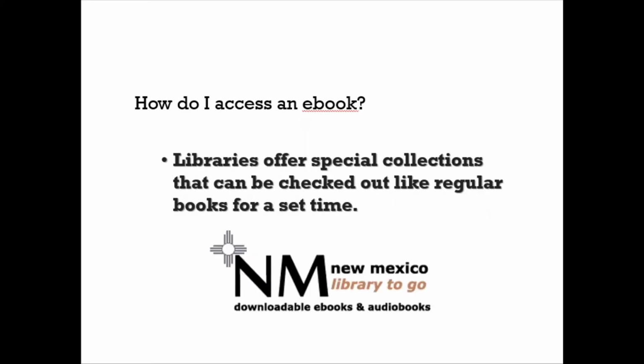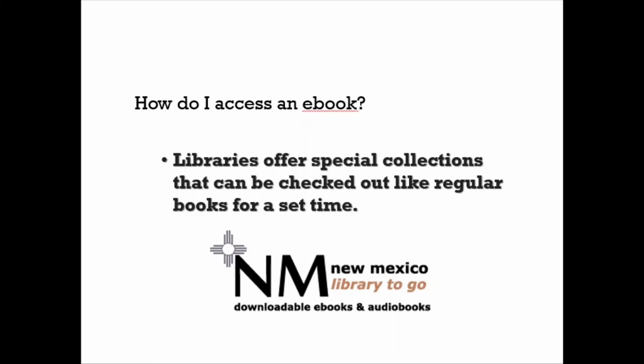But for us, we're going to use New Mexico Library to Go, which is where our ebooks come from for the library. This is a collection of ebooks that have been put together by not just us here at Octavia Flynn Public Library, but also many libraries around New Mexico.